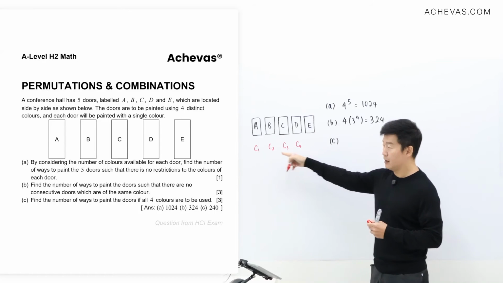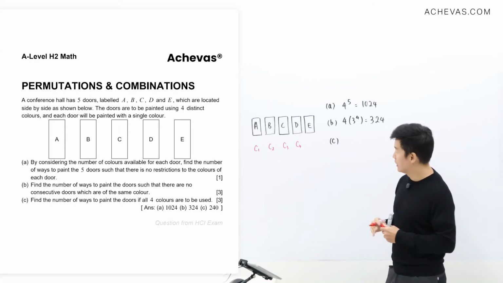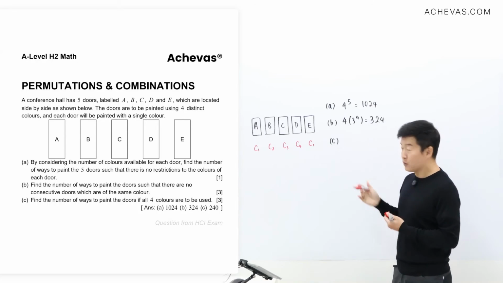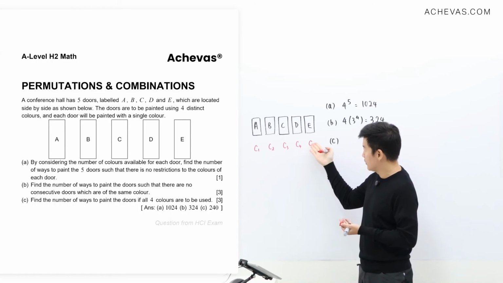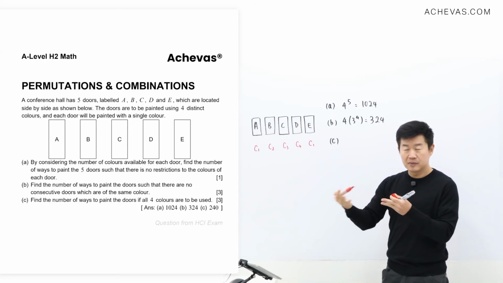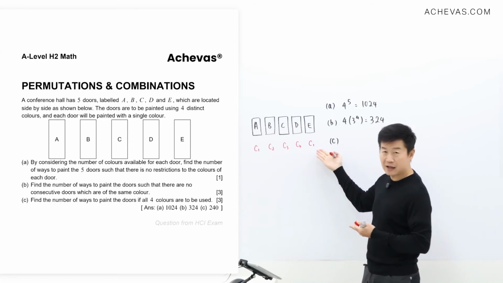And this last one can be any of the colors, right? Because we have already used all the 4 colors. So let's say this is going to be C1. So if I were to be using C1, C2, C3, C4, C1 again, they can definitely be painted in any order, as long as I'm using these colors.